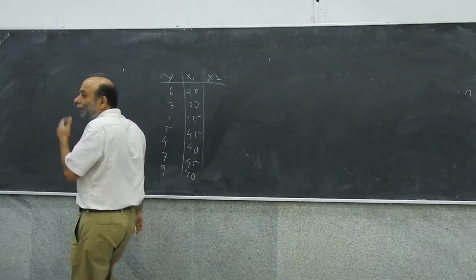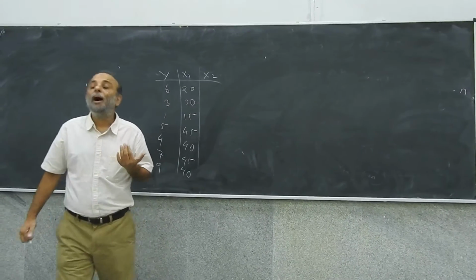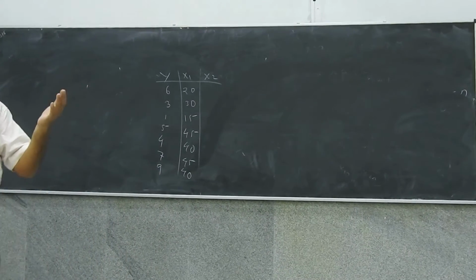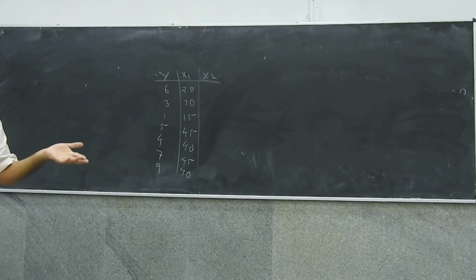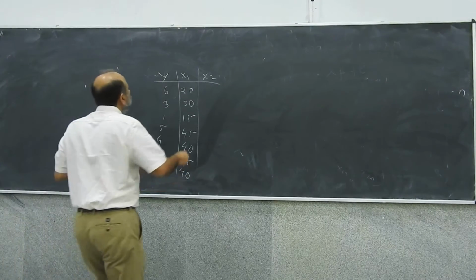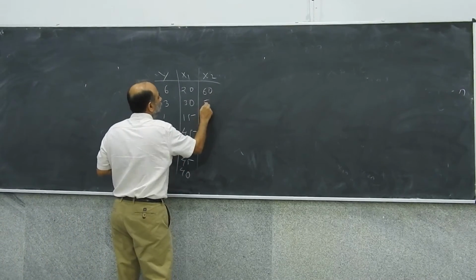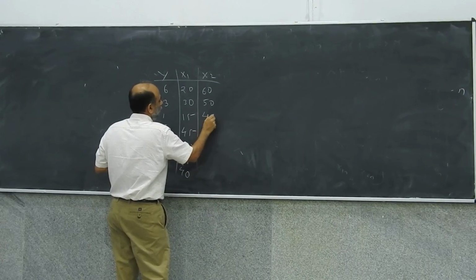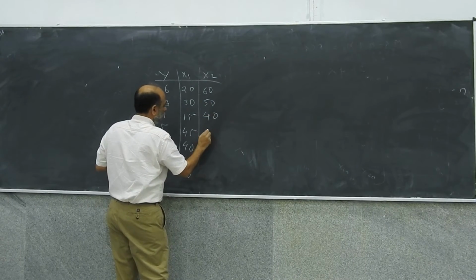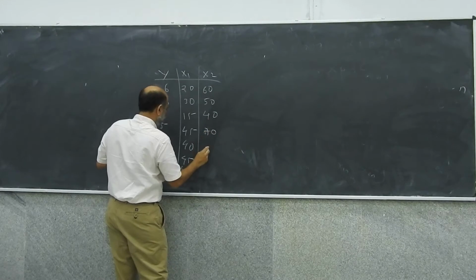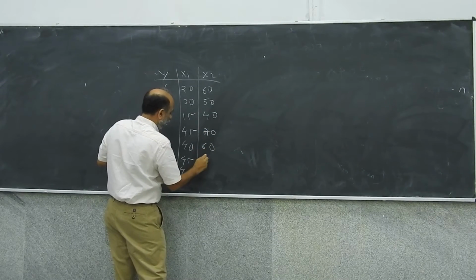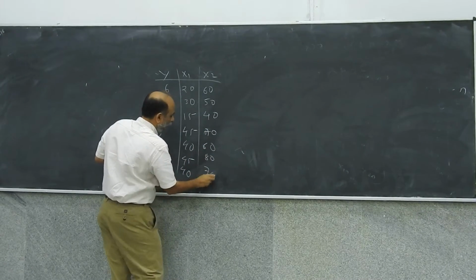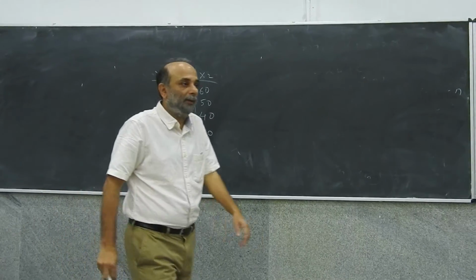Let x2 be the marks that you've got at your BA level, so measuring your general scholastic ability. Suppose these are your marks at your BA.